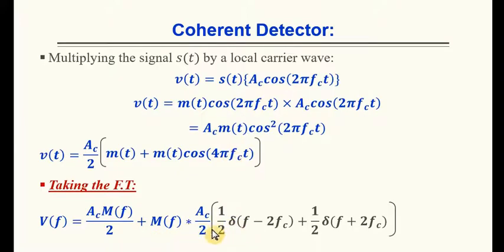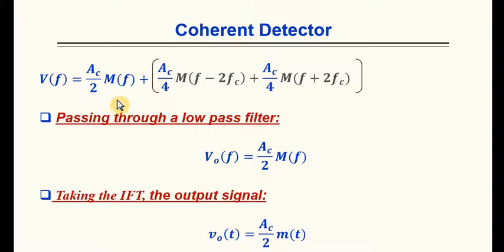So this will become, as we have seen, V of f equals AC over 2 capital M of f plus AC over 4 capital M of f minus 2 fc plus AC over 4 capital M of f plus 2 fc.